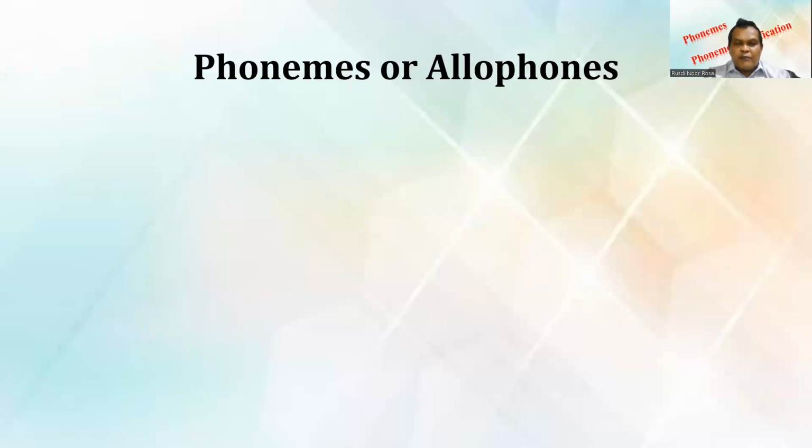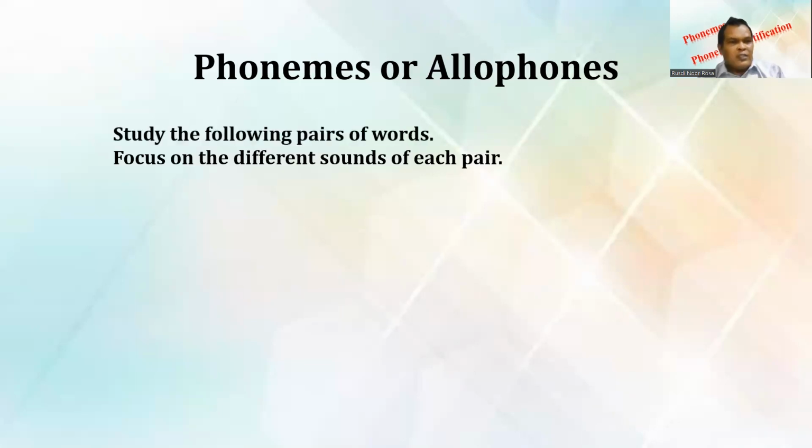Well, now let's decide whether these sounds are phonemes or allophones. Study the following pairs of words. I provide you several pairs of words, and I want you to focus on the different sounds of each pair.